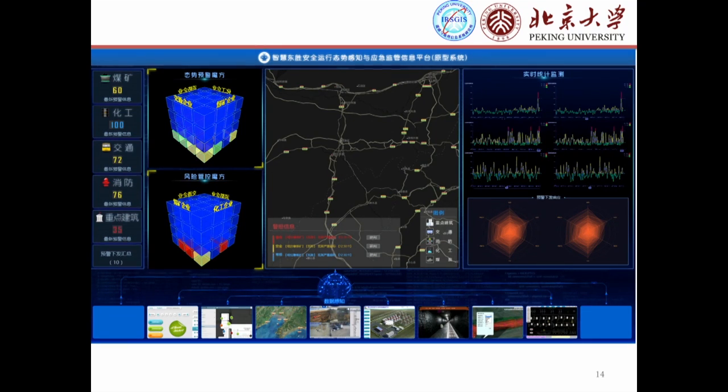They have some coal mines, chemical factories, transportation, fire stations, and even some important buildings. They want to watch every aspect of this city, so they collect various systems' data in this data center. On the right side, there are some curves to show if it's normal. If not normal, they do analysis and give warnings.